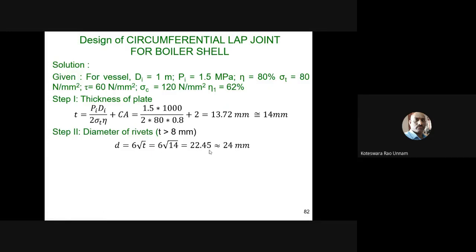Now from the data book I will take the standard diameter for the rivet. In table 9.5 of the data book, the standard diameter is 24, so I picked 24 from the data book. These two are as usual, and in the case of the longitudinal joint also we do it like this. Then next comes the third one, the number of rivets. First we'll estimate it.